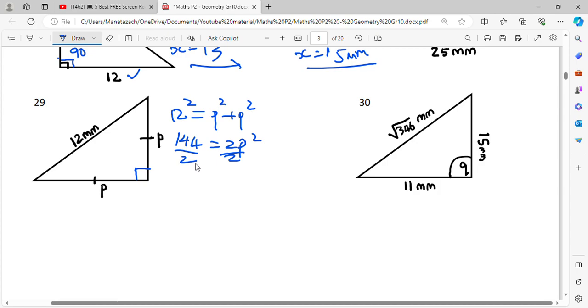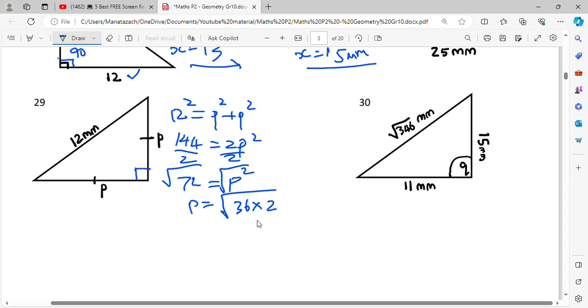So 144 divided by 2 is 72. It's equal to p squared. Then you can apply the square root sign. You'll find that p is the square root of 72. Or you can just simplify this, the square root of 72 to be 36 times 2.